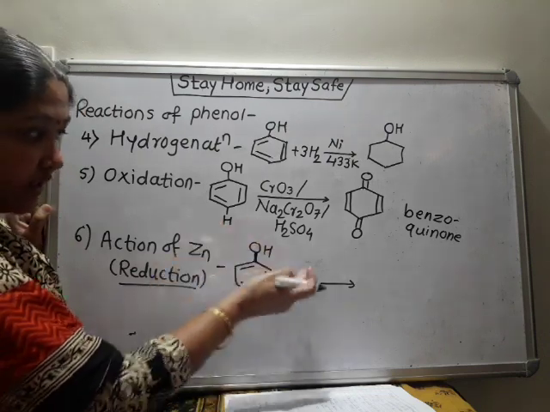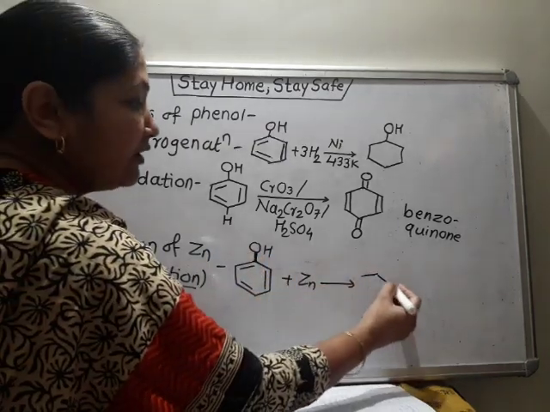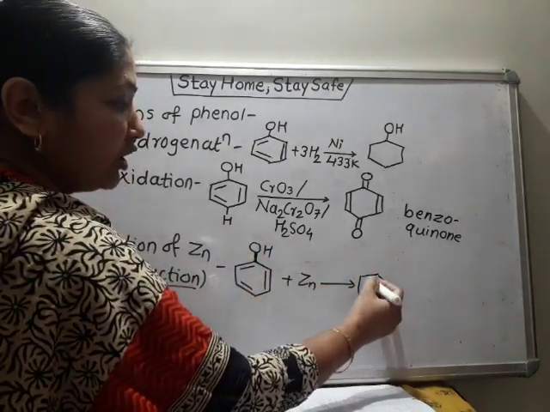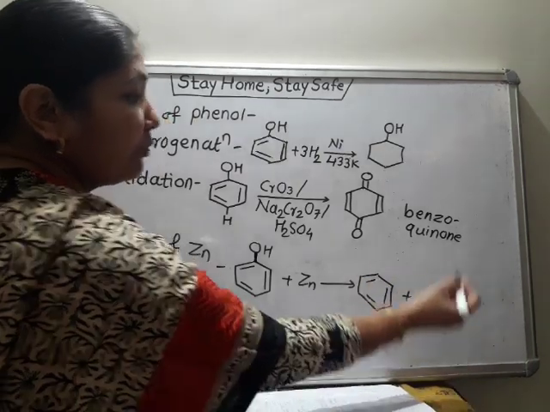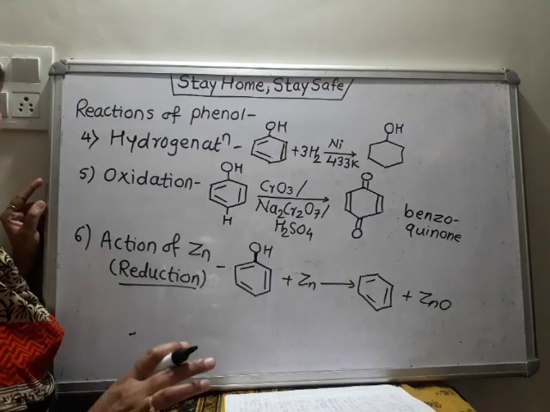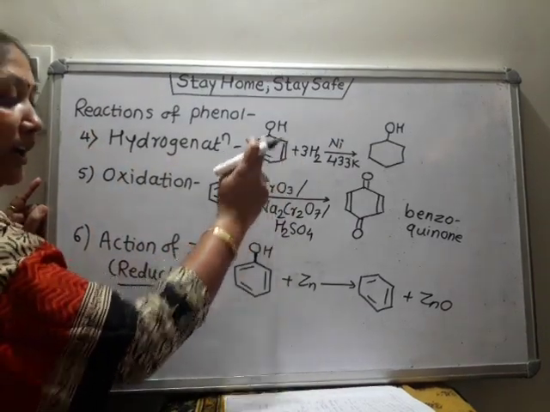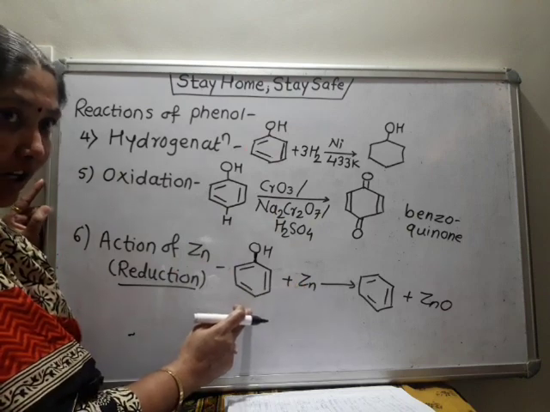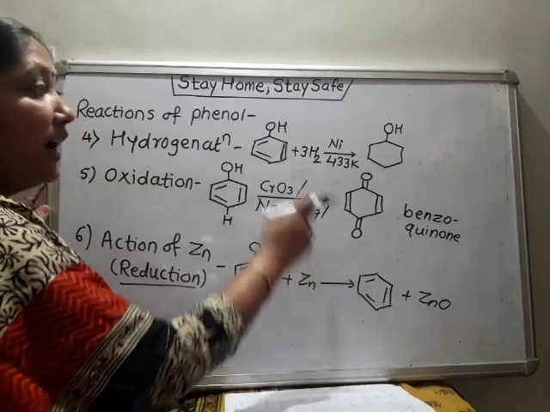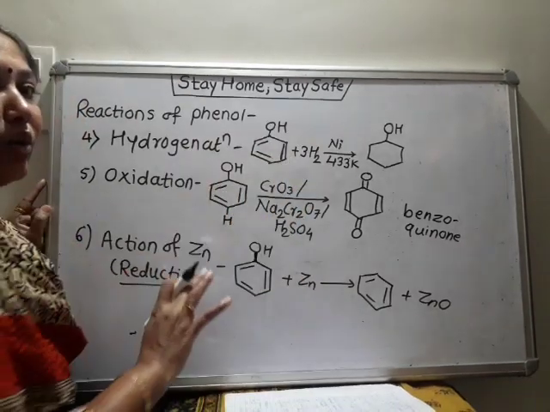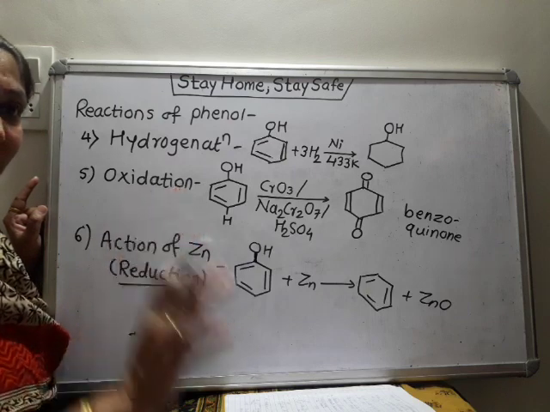It goes with zinc and that place is taken by this hydrogen, and we get the product as benzene, plus byproduct formed in the reaction is ZnO. So these two are reduction reactions, one by adding H2, other by adding metal, zinc. So if we add zinc, we get benzene, and if we add H2, we get cyclohexanol. Got the difference in these two reduction reactions.